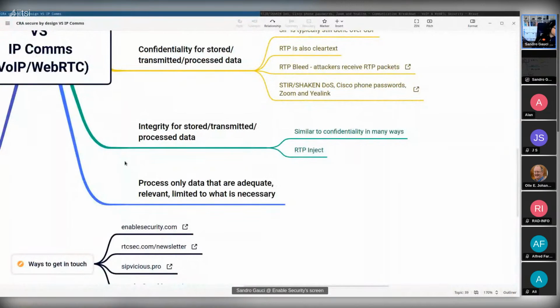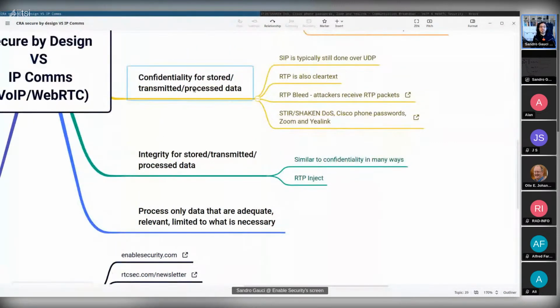Integrity, in many ways, is very similar to confidentiality, as in, if you don't have confidentiality, quite often you also don't have integrity. But the two are not the same, of course. One particular attack to mention is RTP inject, where attackers could insert their audio streams.